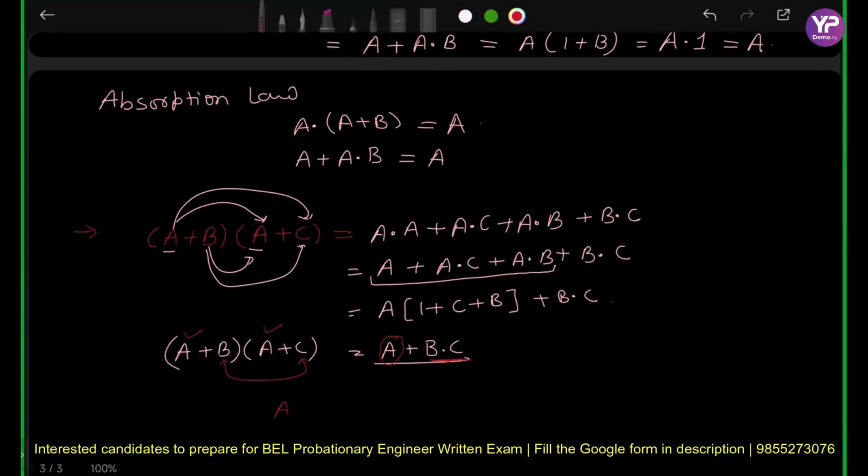Yes. This is in the opposite direction. It is also true that if you are having A or BC, that can be written as first A will go with B, A or B, then A will go with C, A or C. Okay? Either you go from this direction to this direction, or from this direction to this direction if it is required.